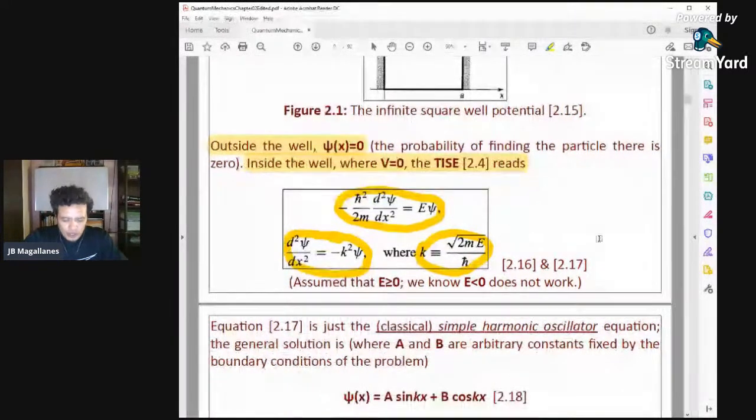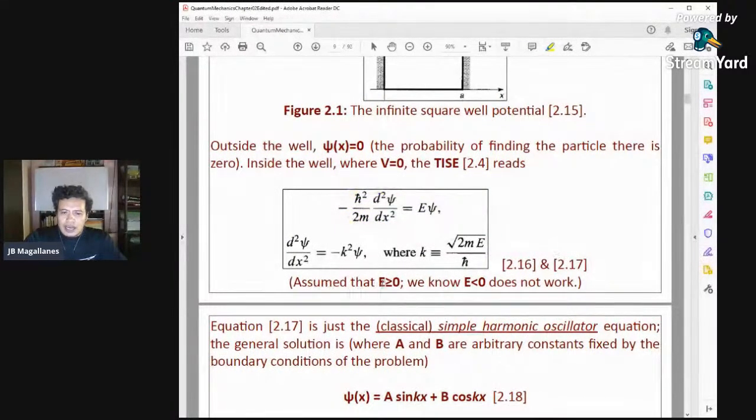So what should we take notice of in this equation? Here, energy should be greater than or equal to 0. Why? Because this will not work with negative energy, because of this square root here. So E less than 0 is not a suitable energy for this.